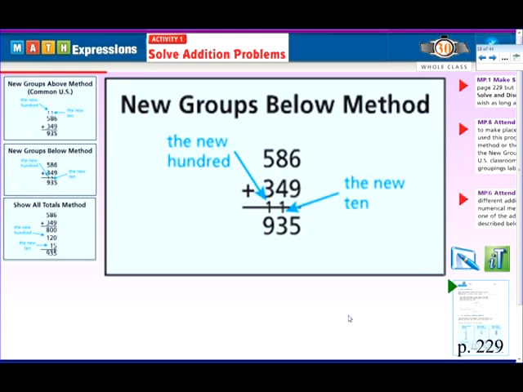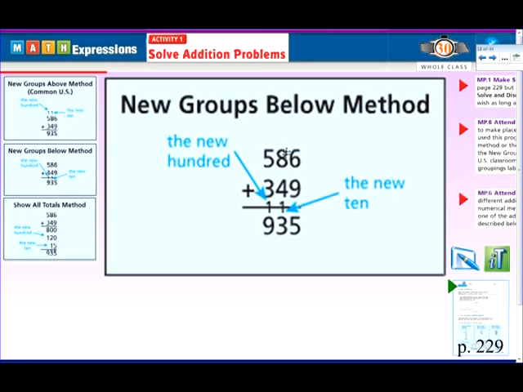Another method is New Groups Below method. Now when they added, they went 6 plus 9 equals 15, and they put a 5 here. And instead of carrying the 1 clear up the top, they carried it to the baseline. See that line that separates the question from the answer? They put their 10 right on that line.